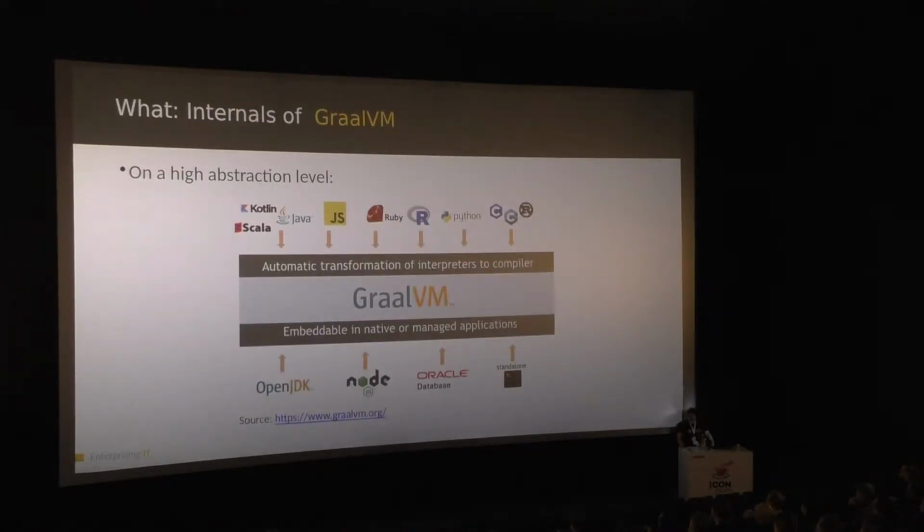So let's look at the high level of architecture in GraalVM. The concept is that you have at the top languages that are supported by GraalVM. As I said before, you can extend this by other languages yourself. And at the bottom, you have different runtimes for executing these languages.